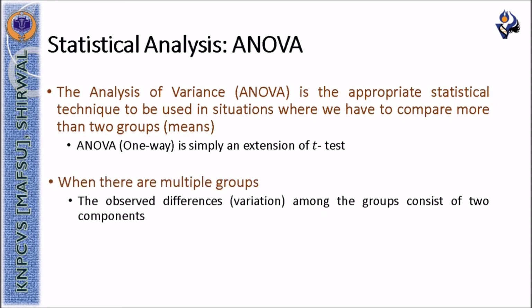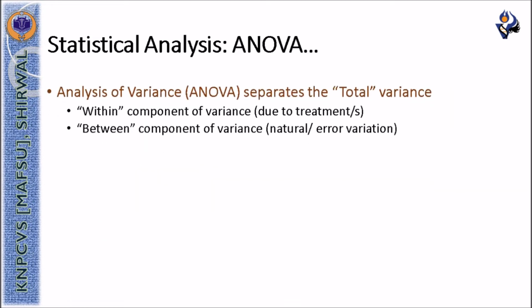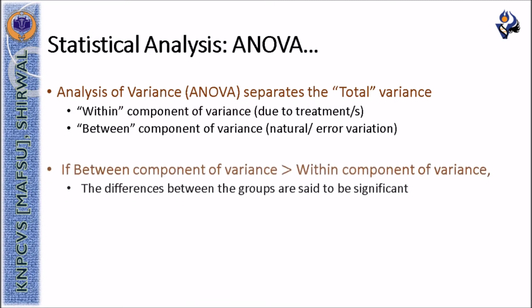When there are multiple groups, the observed differences or the observed variation among the groups consists of two components: between the group's component of variance and within the group's component of variance. ANOVA separates the total variance into within and between components of variances.